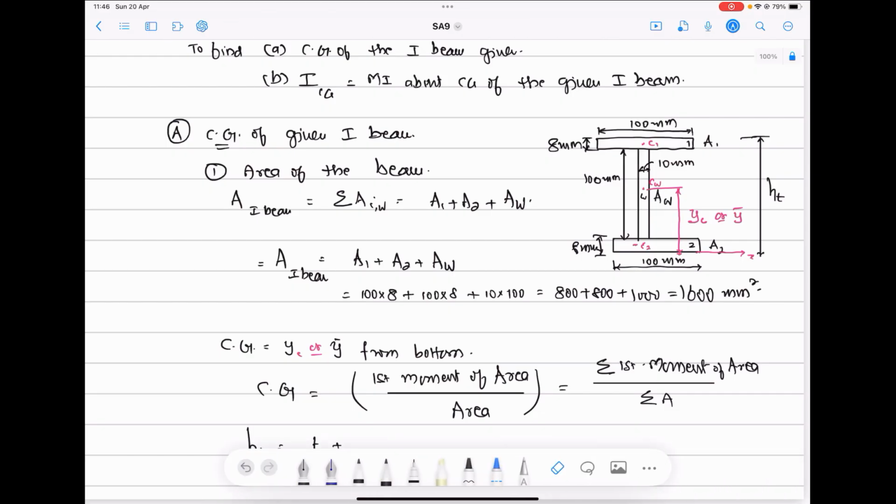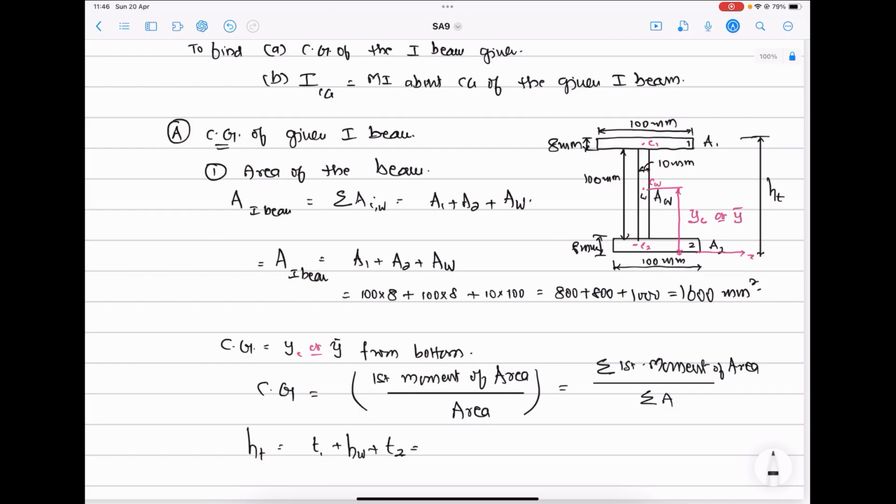This is the height of the web. Plus thickness of the second flange. It will be 8 mm plus what is the height of the web? It is 100 mm plus 8 mm. That is equal to 116 mm. That is total height of the beam.